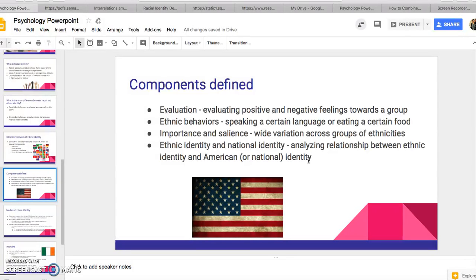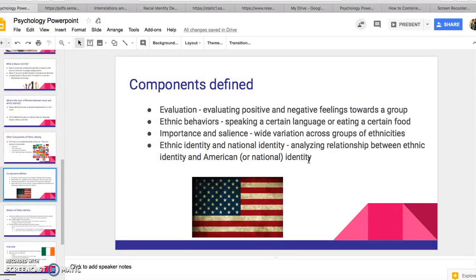So people in those minority groups might hold their ethnicity to a higher standard than the dominant groups do. And I also read that people who have an overall more positive well-being have a higher valued importance of their ethnic identity.